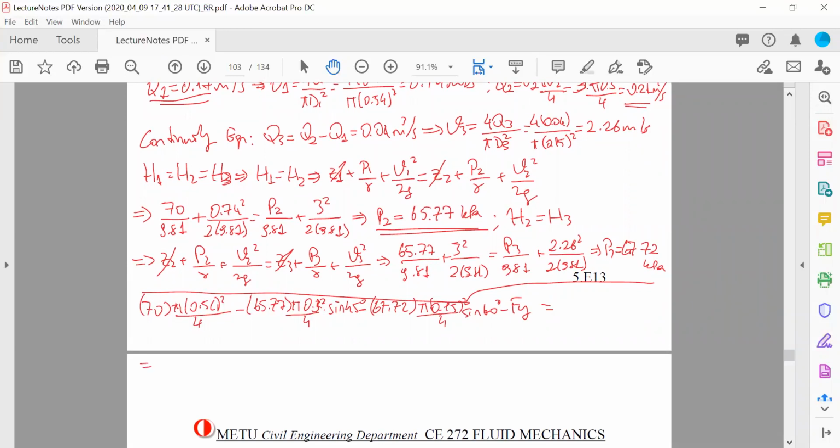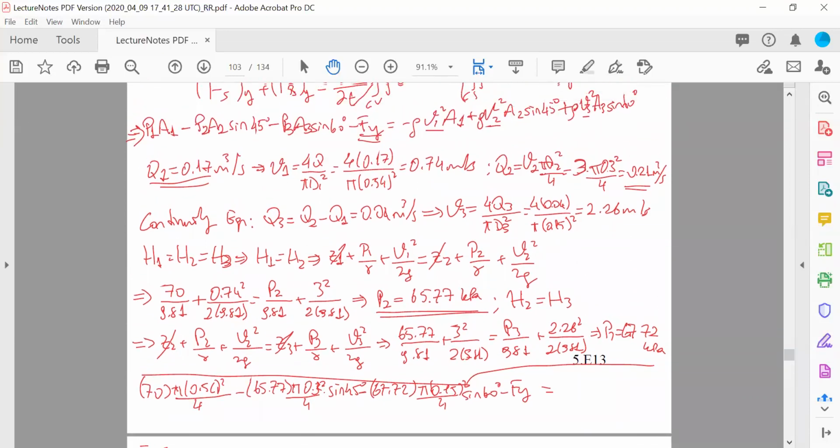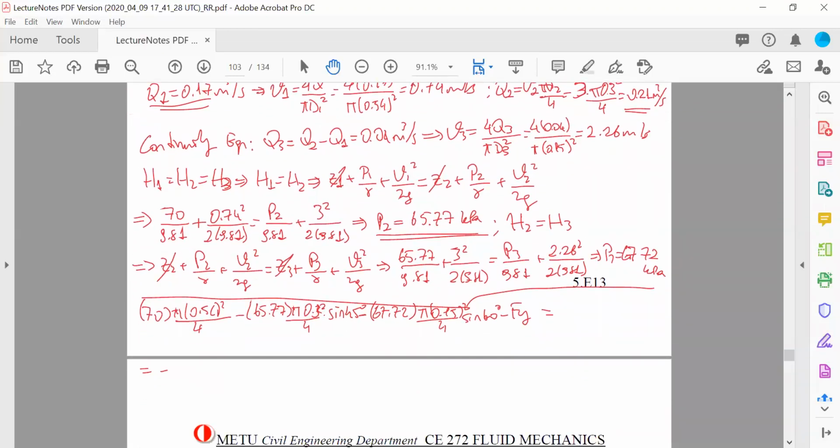Equals minus, follow from there, 1000, and note that we need to convert the right hand side terms to kilonewton so that we are dividing those by 1000.